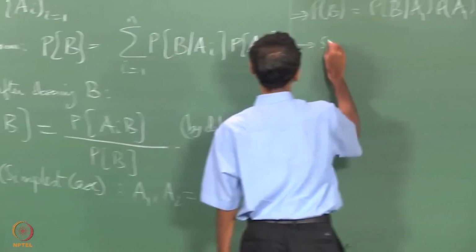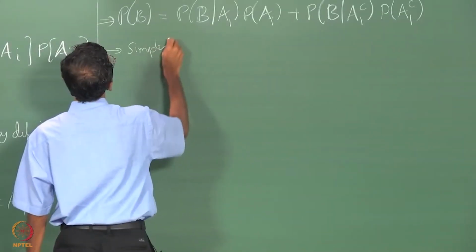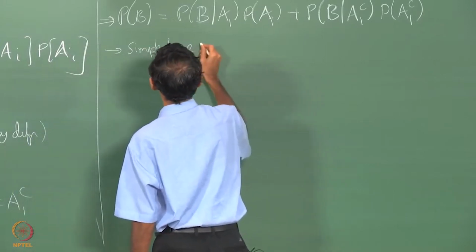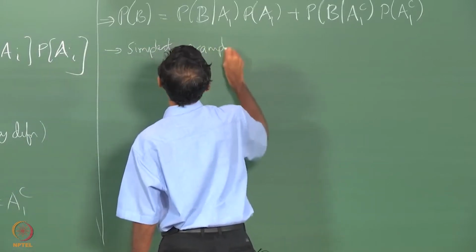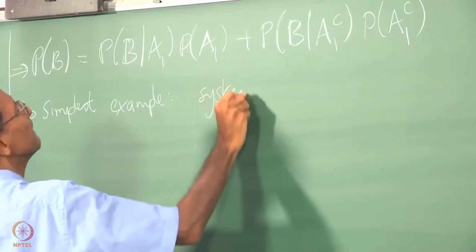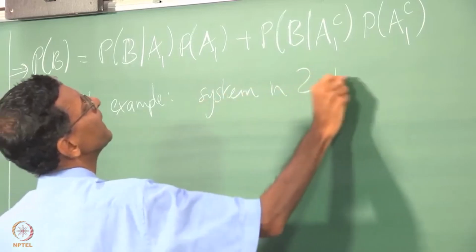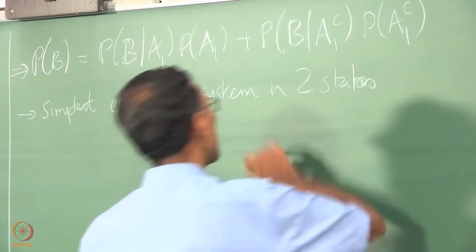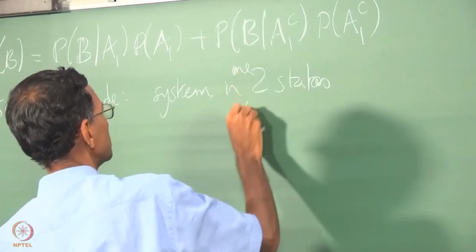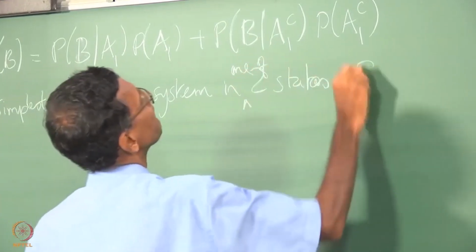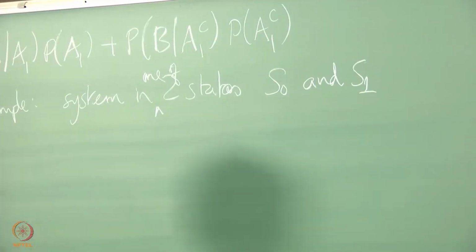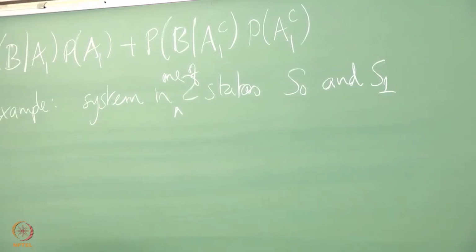So the simplest example: some system in one of two states, not just in two states. So I will make sure I write this, one of two states, with prior probabilities P of S0 and P of S1.